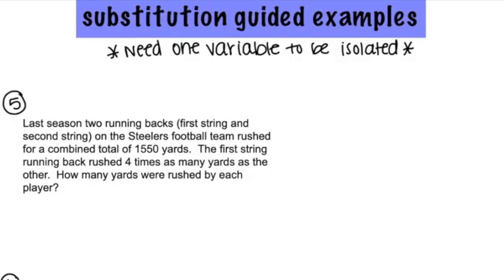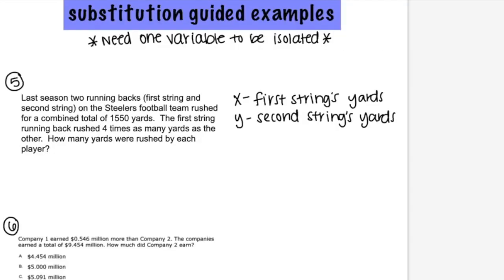So first we got to write our equations. All right. So we have 2 running backs, the first string and the second string. All right, so let's write our 2 equations. They rushed a total of 1,550 yards. So x plus y, they're combined, is equal to 1,550.